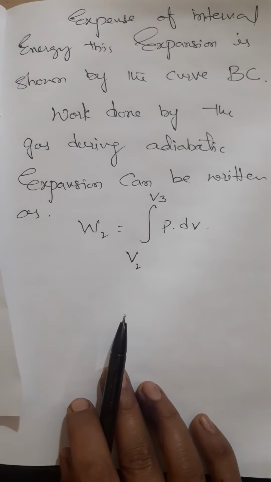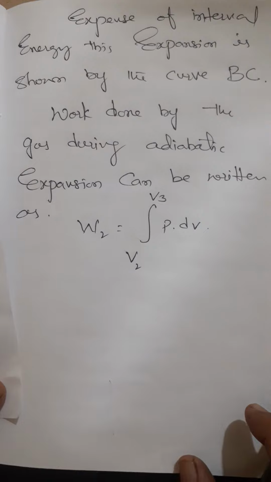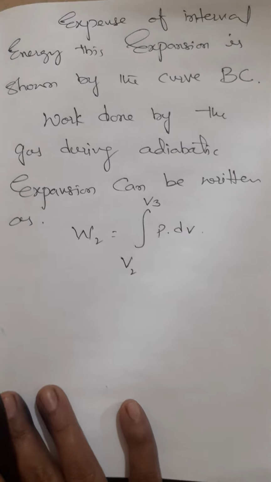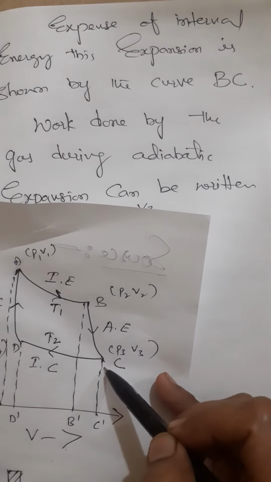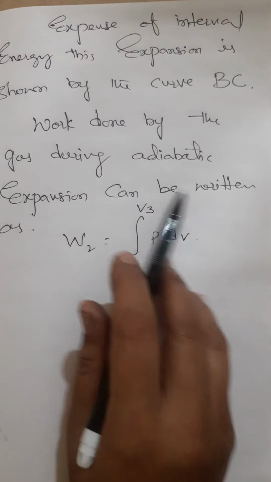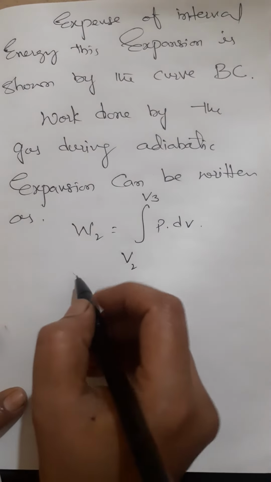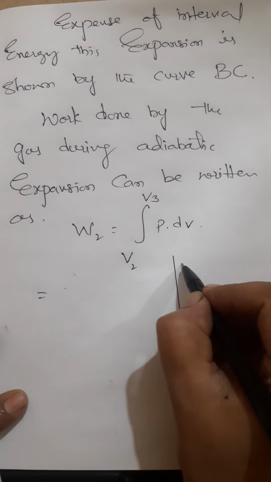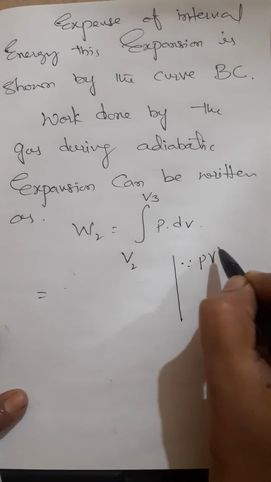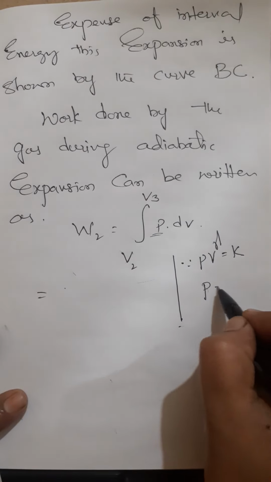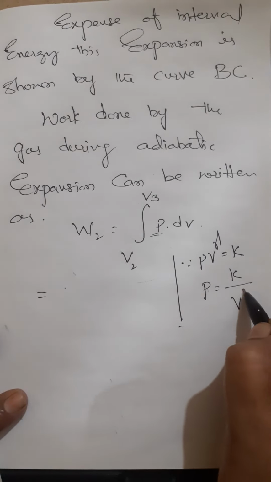At that time we have to calculate the work done by the gas during the adiabatic expansion. We know that work done can be written as P dV, and we have considered B to C, so the volume goes from V2 to V3. In an adiabatic process we can write PV to the power of gamma is equal to K. We need the value of P, so P is equal to K by V to the power of gamma.